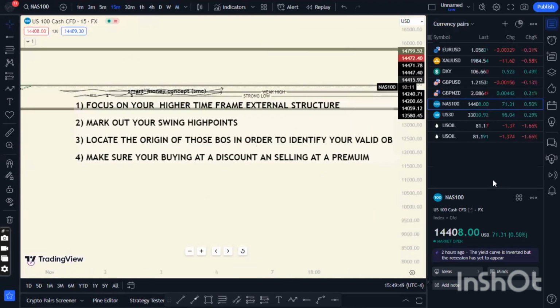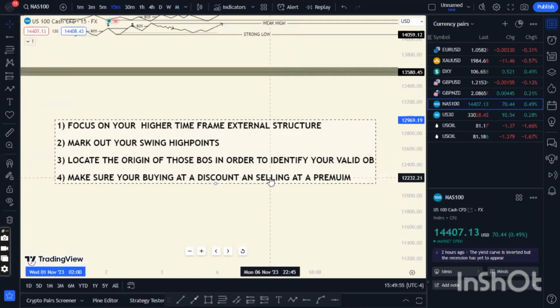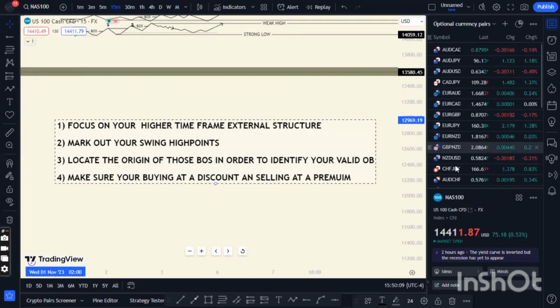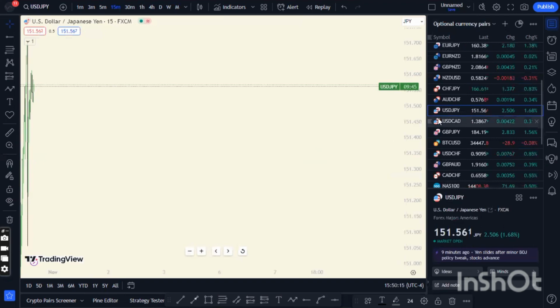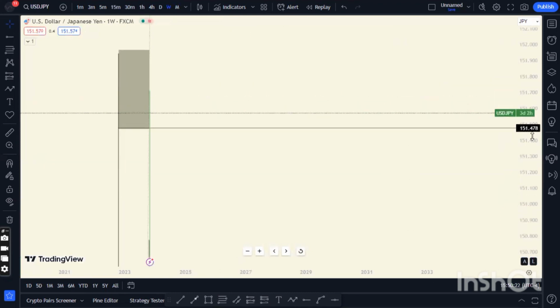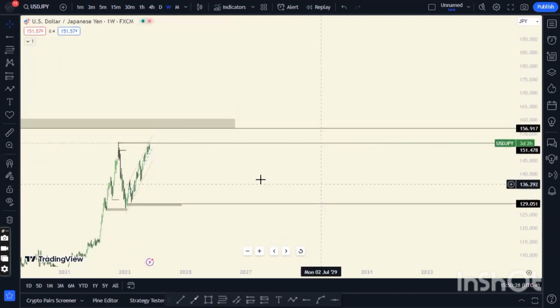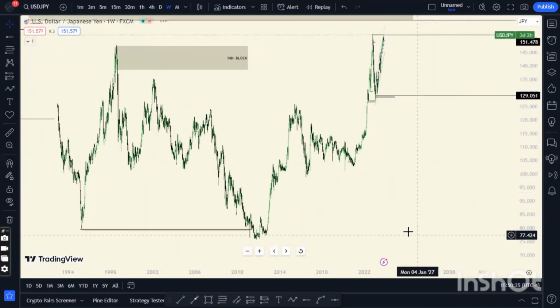Okay, so you asked the question from number 3: locate the origin of those breaks of structure. Now let's go to USDJPY. Let me use this for an instance. Now look at this chart.